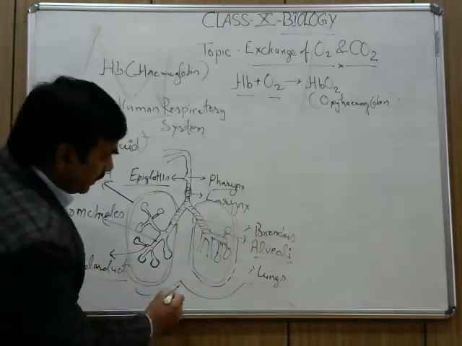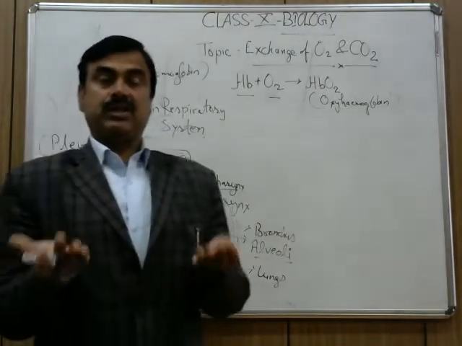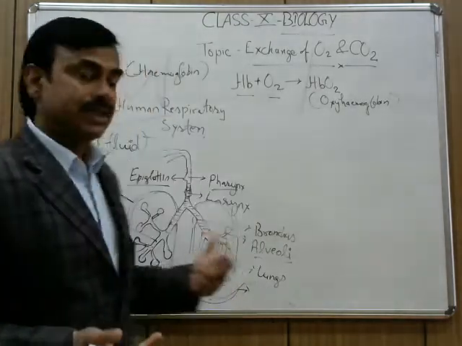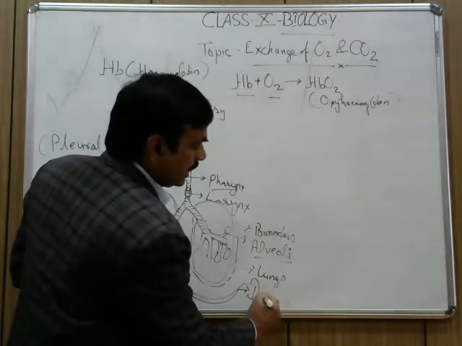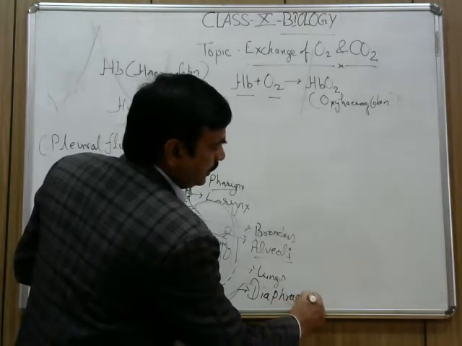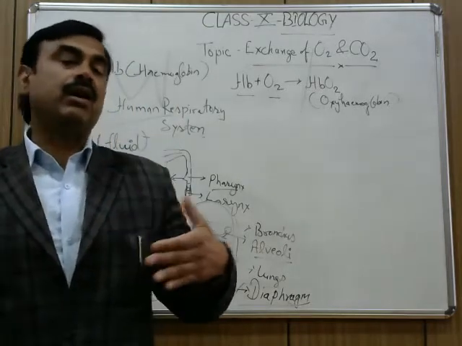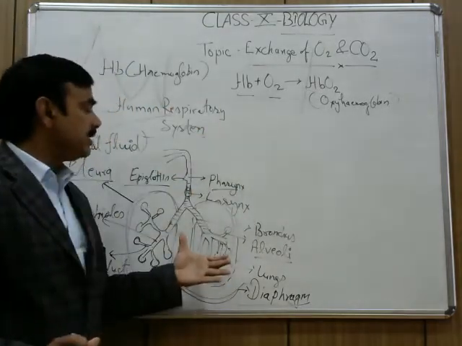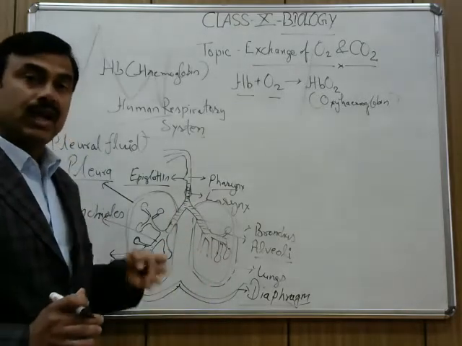The bottom part, where the lungs are seated above, is called the diaphragm, D-I-A-P-H-R-A-G-M. Okay? So this was the structure of the human respiratory system and lungs. Why am I going to tell you this structure again and again?